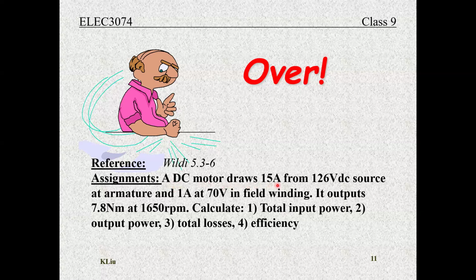A DC motor draws 15 amps from the source at 126 volts at the armature, and we have 1 amp and 70 volts in the field winding. Calculate the total input power and output power. So we do the same thing that we have done 2 slides ago, and you're going to come up with a different number. So just practice that kind of stuff.